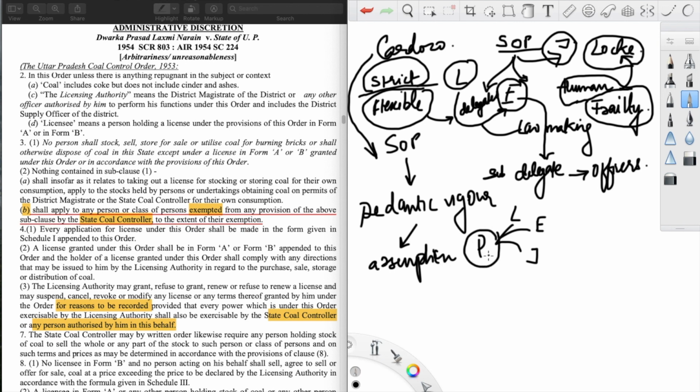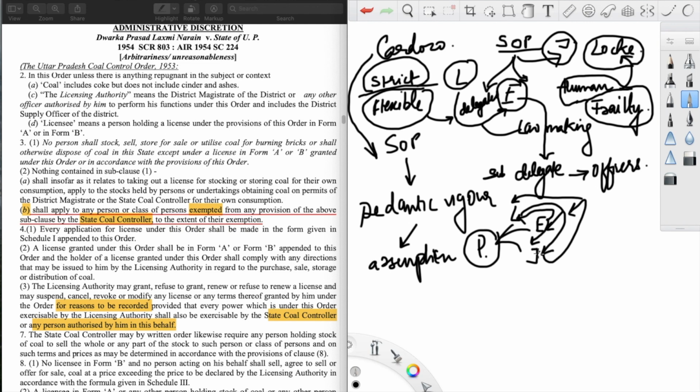So, assumption of power. The legislature will assume the power of the executive and also the judiciary. The judiciary can also assume the power of the executive and of the legislature, and the executive can assume the power of the legislature and also the judiciary in certain areas and aspects.